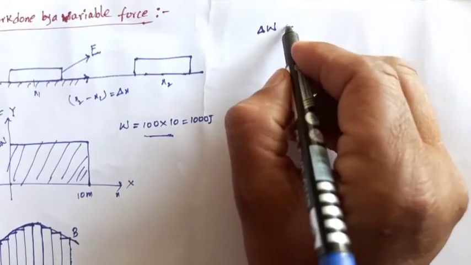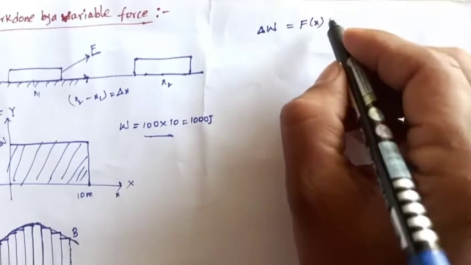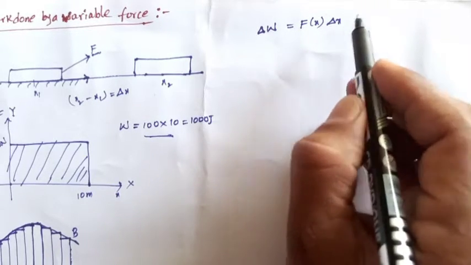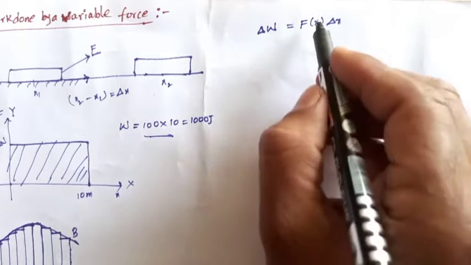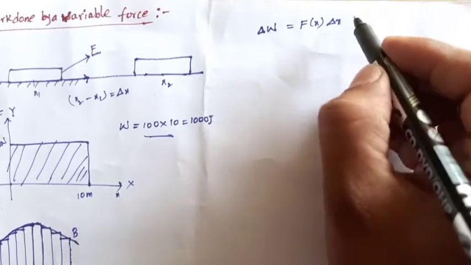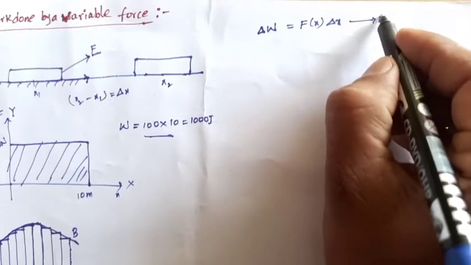Delta W equals f of x into delta x, where f of x is the force and delta x is the very small displacement. This is equation number 1.